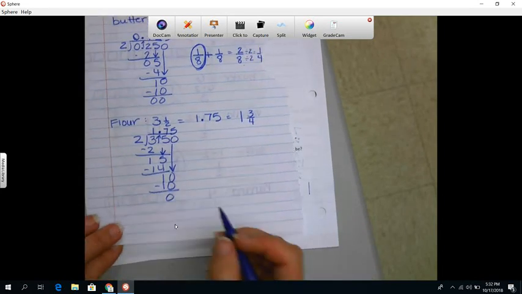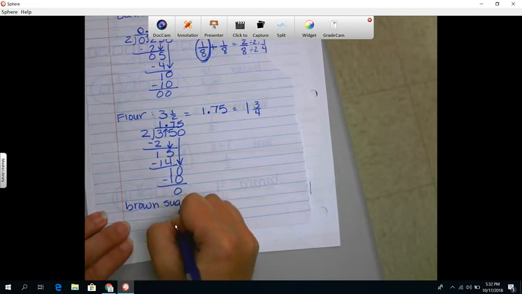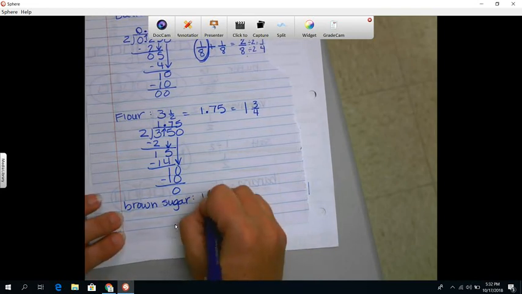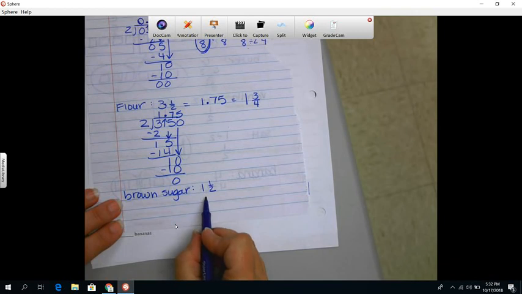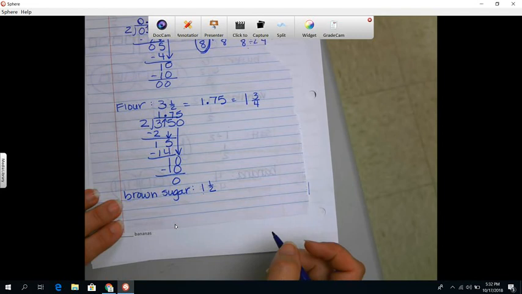Brown sugar, we're almost there, guys. So we have brown sugar. For brown sugar, we have 1½ cups. And right here, if I divide this into 2 parts, I know that 1 divided by 2 would be a half.